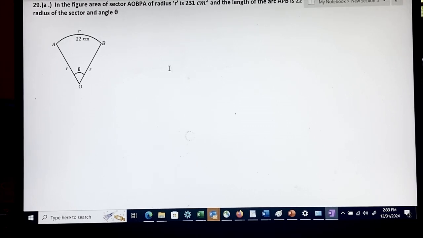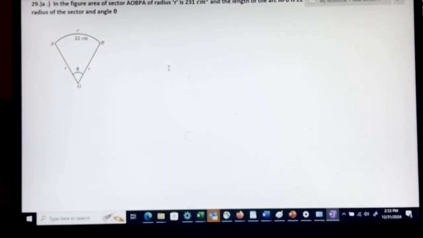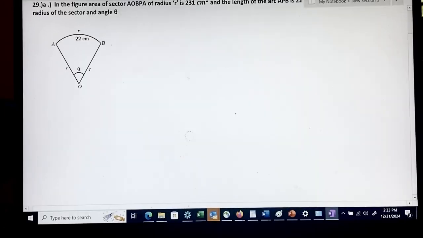First, they have given the length of the arc of the sector, so first we'll write the length of an arc of a sector formula. I'll start writing here.